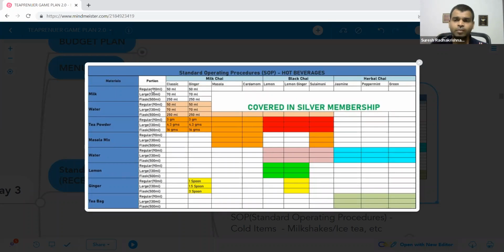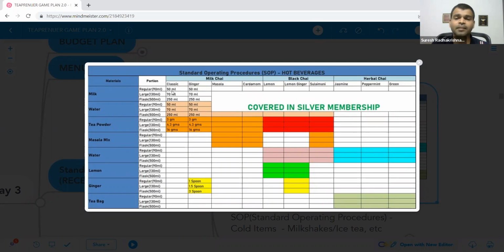For regular 90 ml, if you want to prepare 90 ml of tea, this is done based on 4.5% fat milk. 4.5% fat milk, you can get it in a lot of brands. Brands will change according to the region. There are state-owned brands, there are private milk brands, right? But this calculation is given for 4.5% fat milk. 50 ml milk.